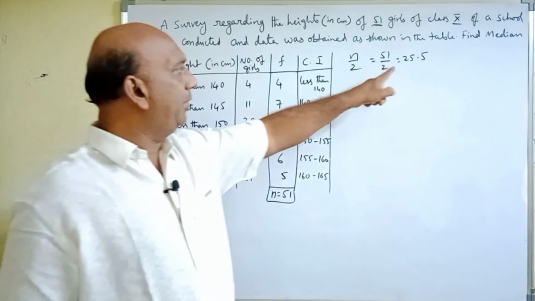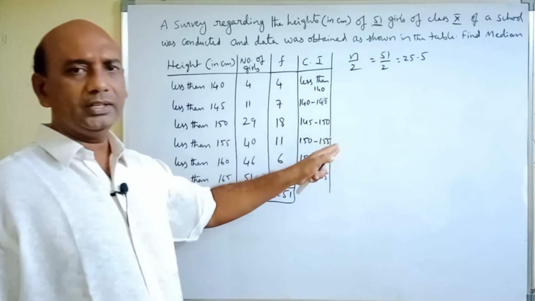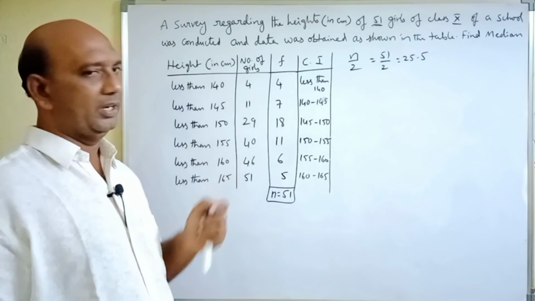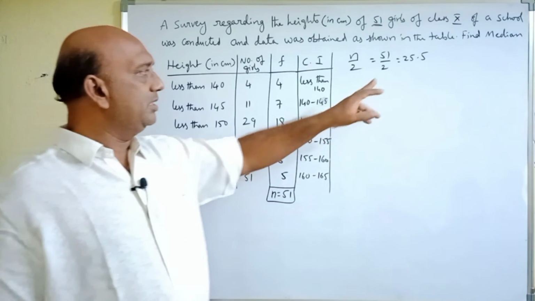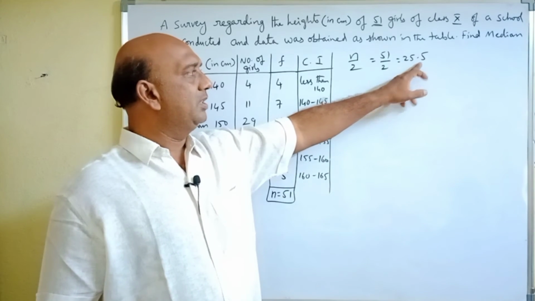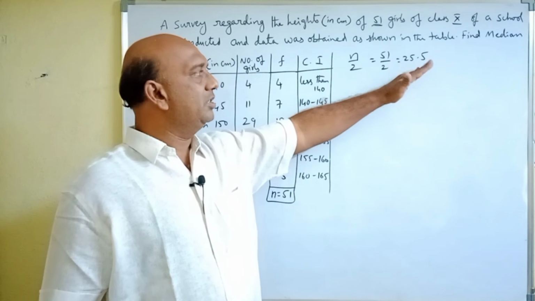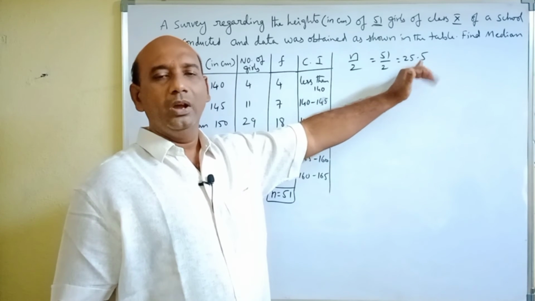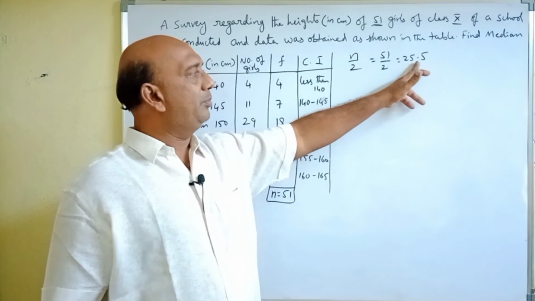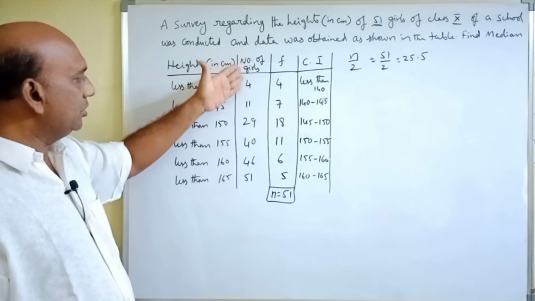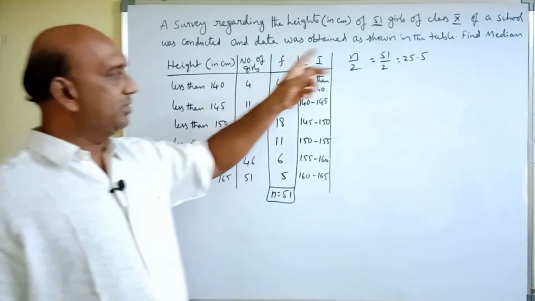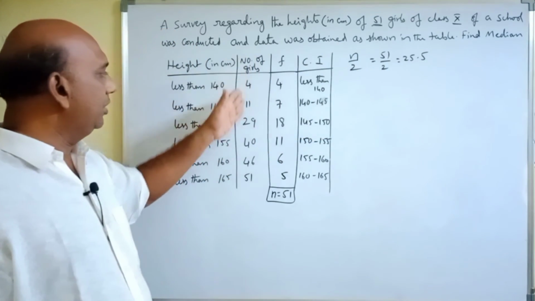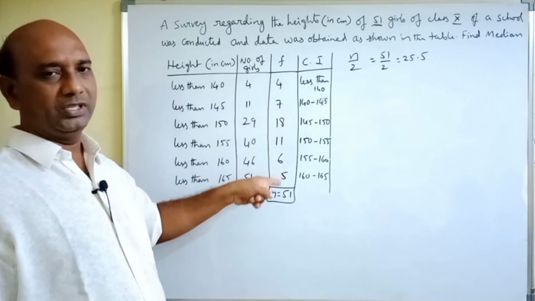From this n by 2 value, we have to select the median class from this given data. That means search where this 25.5 is. That means the value which is just greater than 25.5 or nearer to 25.5 in these cumulative frequencies. We have to search this value in cumulative frequencies, not in frequencies.